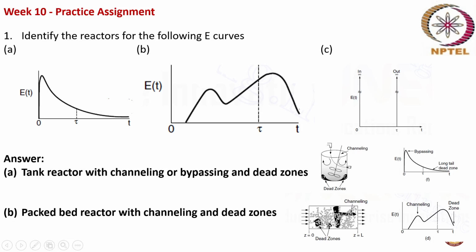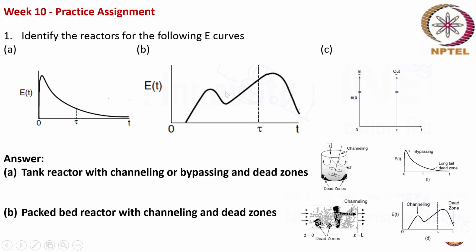So there may be a certain area where you might not find the intensity of particles, and there is very little restriction for the fluid to pass, so it easily passes out of the reactor well before the space time. That is what is represented by the first peak, which is well before the space time tau.